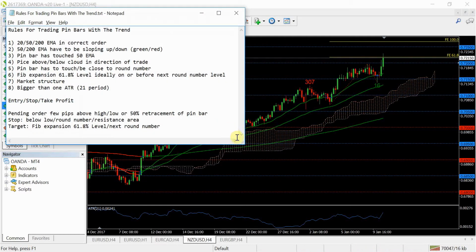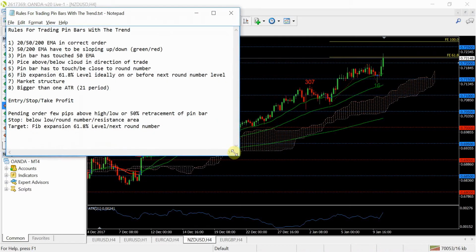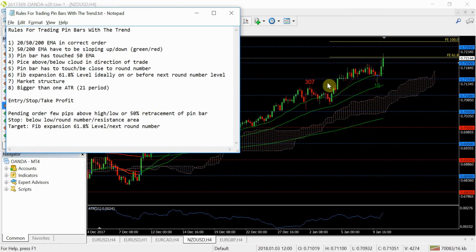For those of you who follow my stuff, I've been working with this working notepad file of rules, what to look at, and whether or not I should qualify a pin bar. As I said before, I'm only interested in pin bars that indicate the direction of the longer term trend.